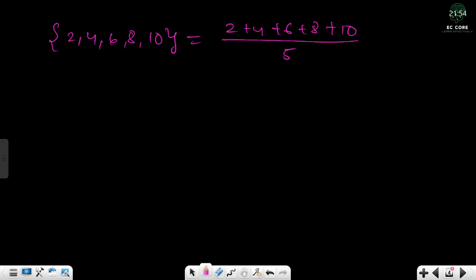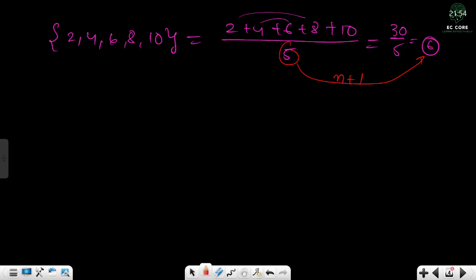If you solve this, you will get 30 by 5, that is equal to 6. When you observe this carefully, the total number of observations is 5, and my answer is 6. So here I am having n plus 1.